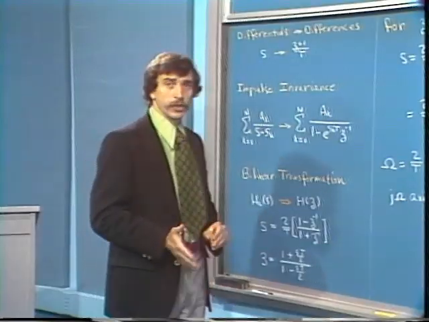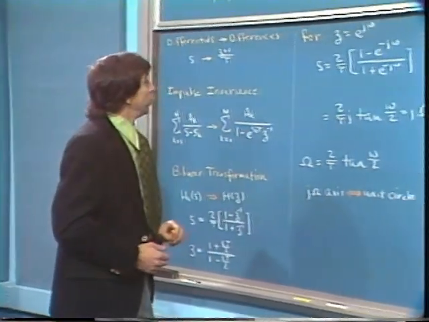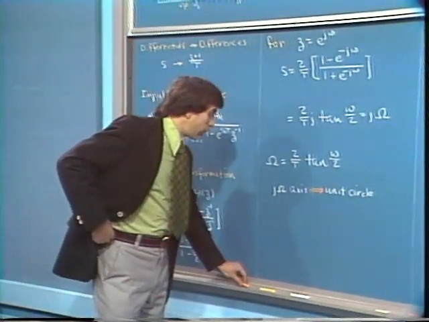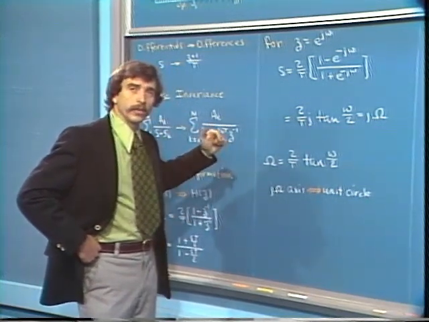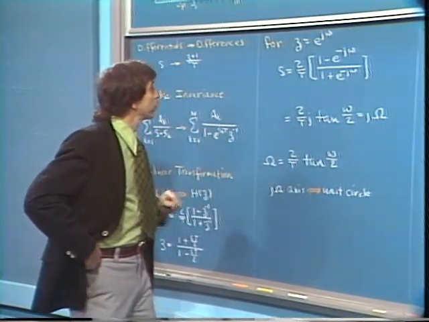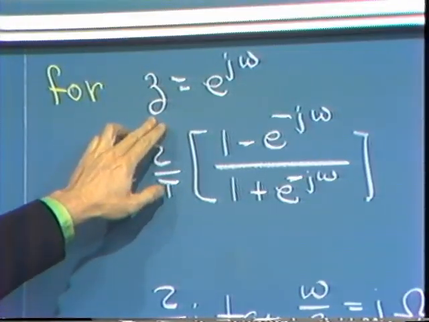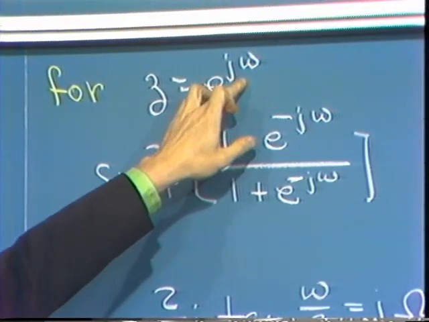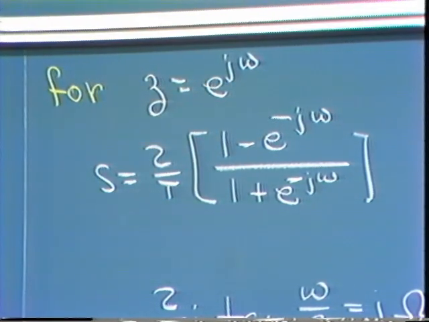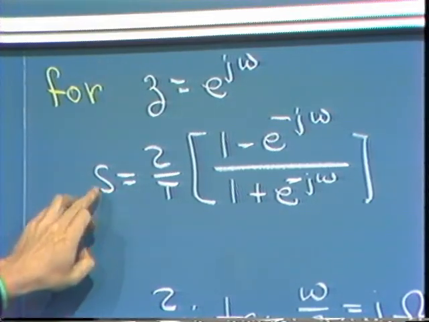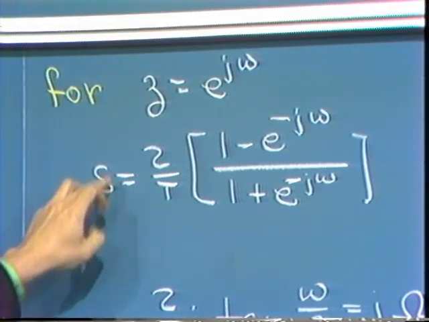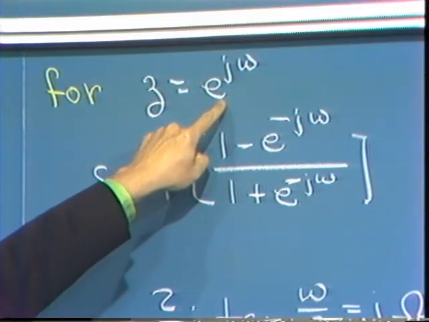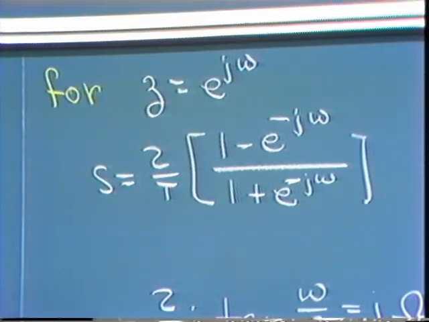Well, let's look at the first question first. Let's look at the unit circle and inquire as to what part of the j omega axis of the S-plane the unit circle came from. So we have then z equals e to the j omega on the unit circle. And so we want to inquire as to what values of s land on the unit circle through the bilinear transformation.